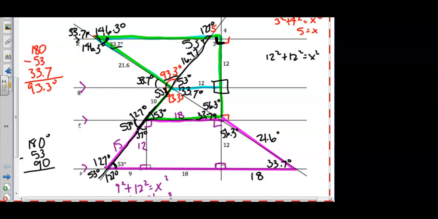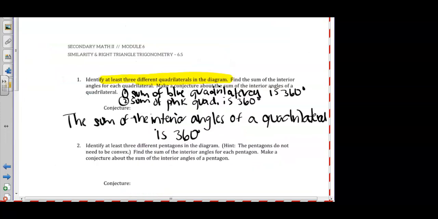It has 5 sides. So we want to add up all the angles. That's the 33.7 degrees, 53 degrees. I'm sorry, my apologies, 90 degrees, 56.3 degrees, 33.7 degrees, 53 degrees, and add them all together. And what we notice is we're going to get 540 degrees.